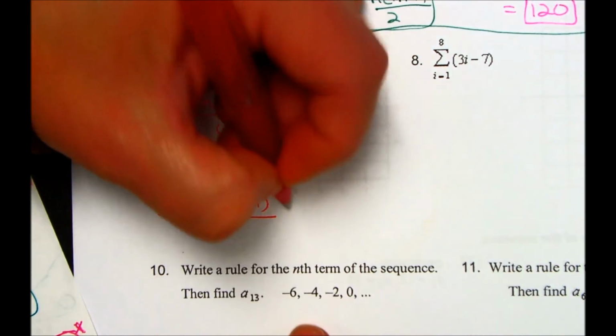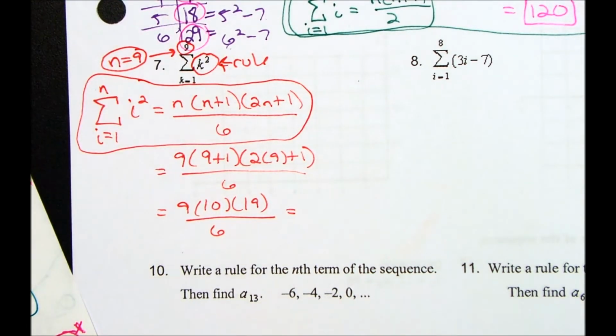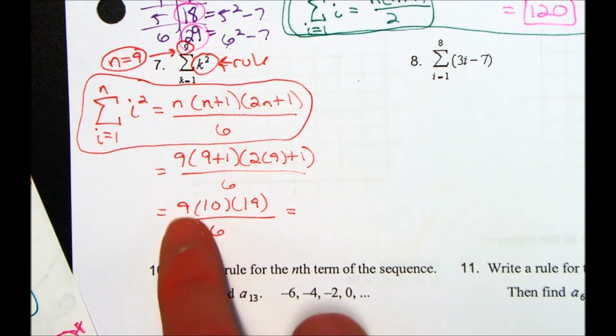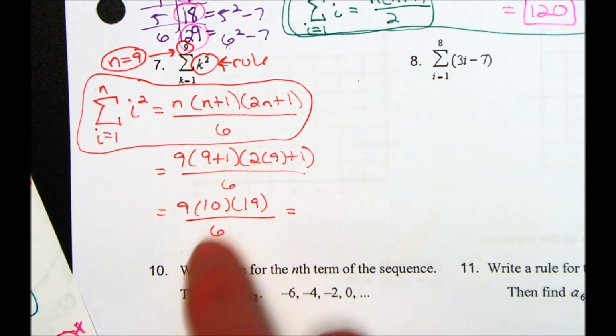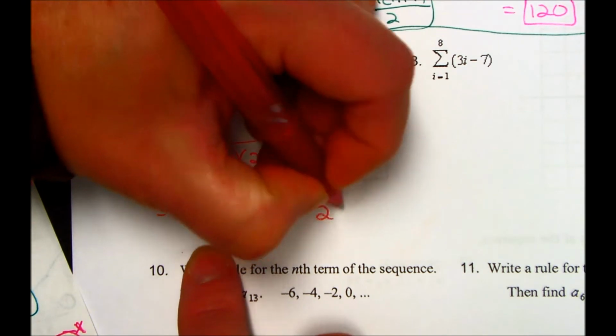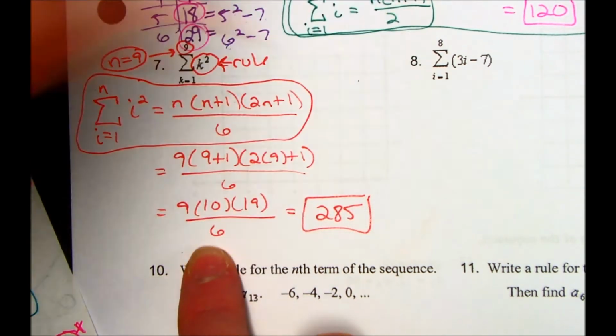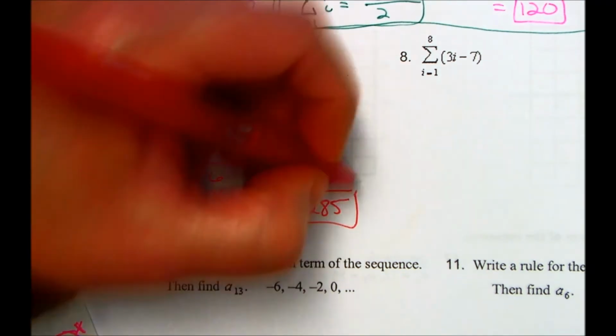So if I multiplied that numerator together and then divide by denominator, or just do this in the calculator, 9 times 10 would be 90, times 19 divided by 6 is going to equal 285. So that's our answer.